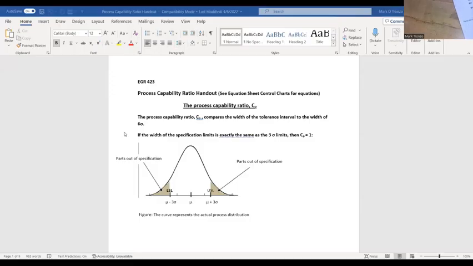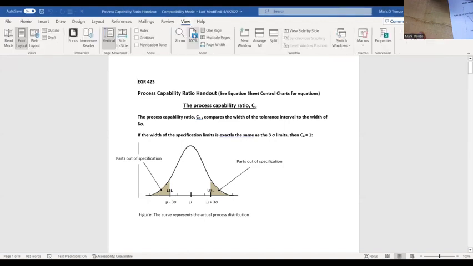So on this handout again, this first page shows you the process capability ratio. And again, if things are exactly aligned, so your upper and lower control limits are right in line with your upper and lower specification limits, in that case, it'll be 1.